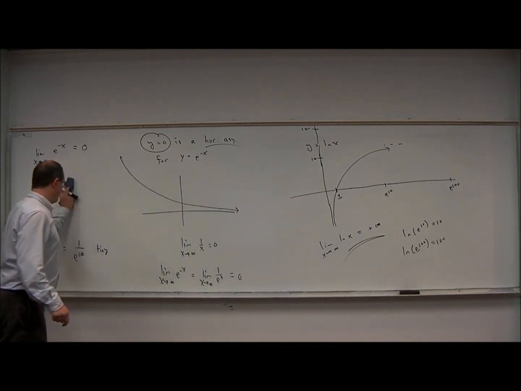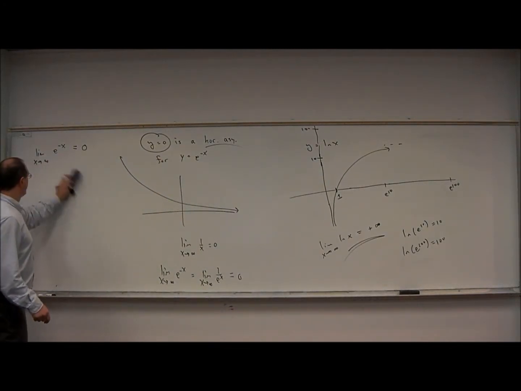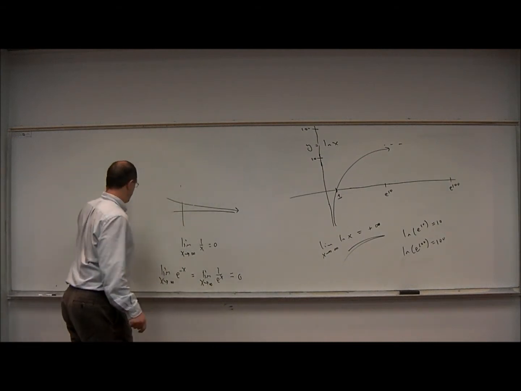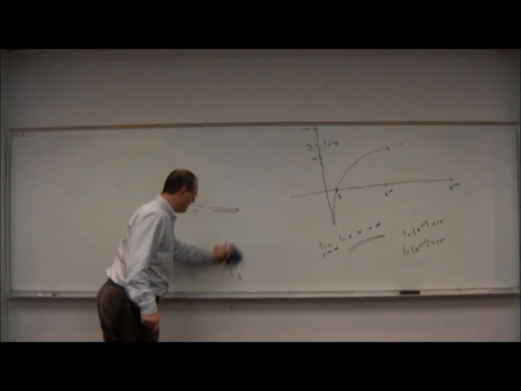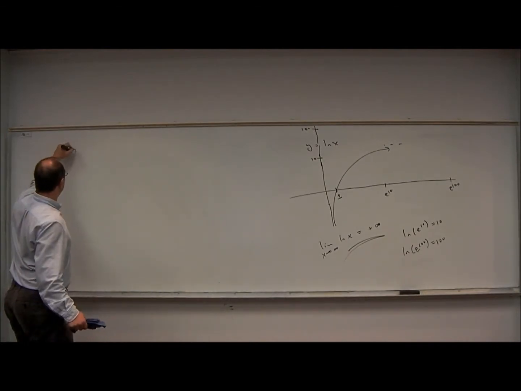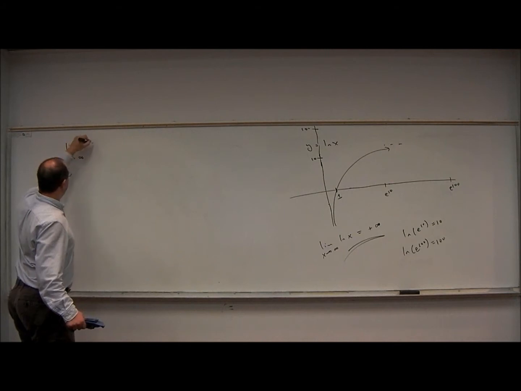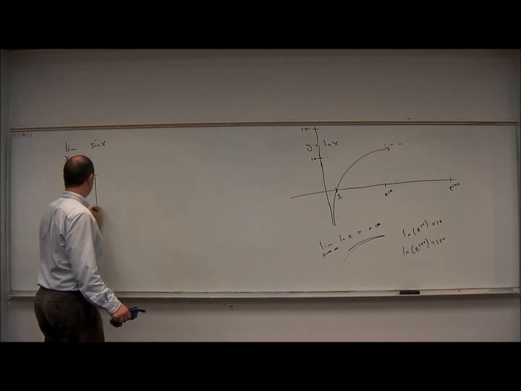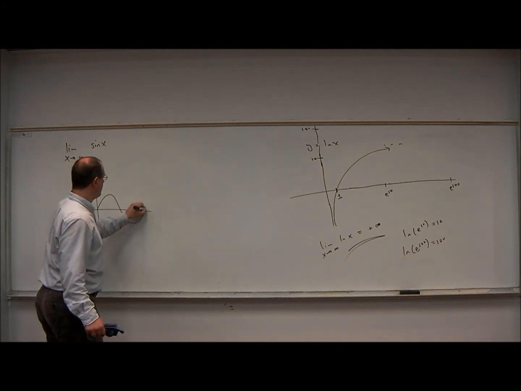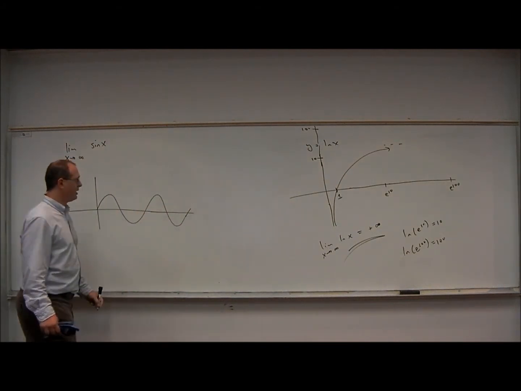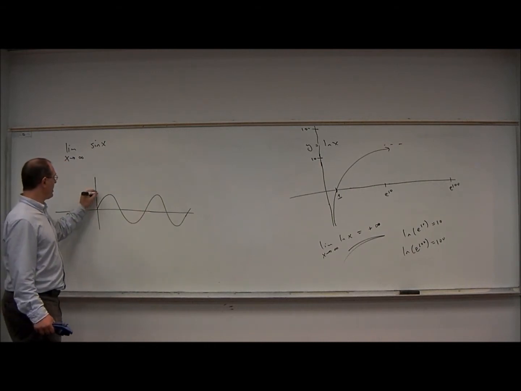And let's look at one more familiar function. Let's look at the sine function. What is the limit as x approaches infinity of sine x? The sine function has this repetitive oscillatory behavior.